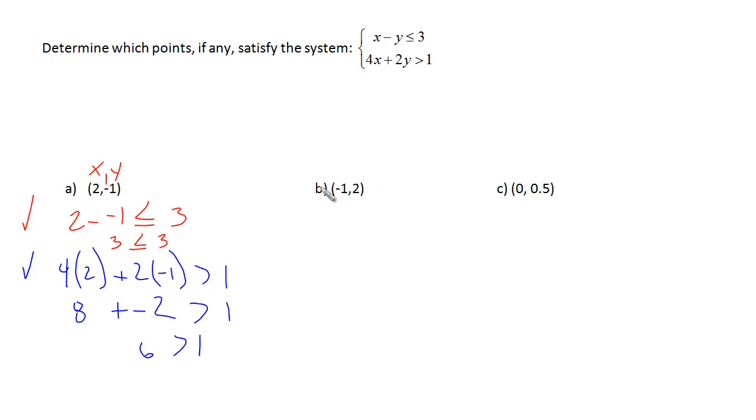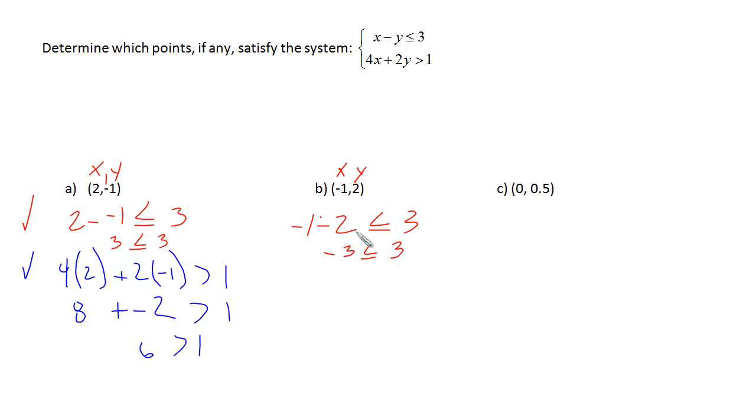So we'll do the same thing here for b. I'll check the first coordinate. Again, that's an x and a y value. So I plug in -1 for the x, minus the y, less than or equal to 3. -1 take away 2 is -3.